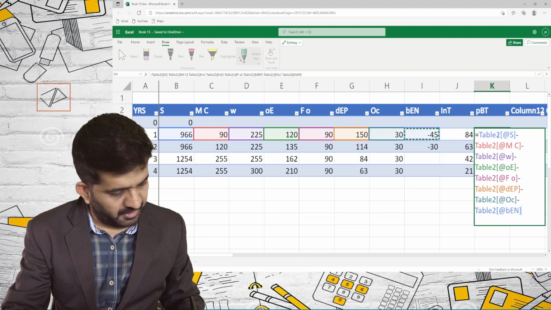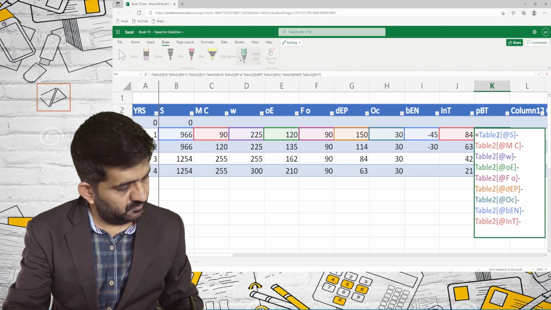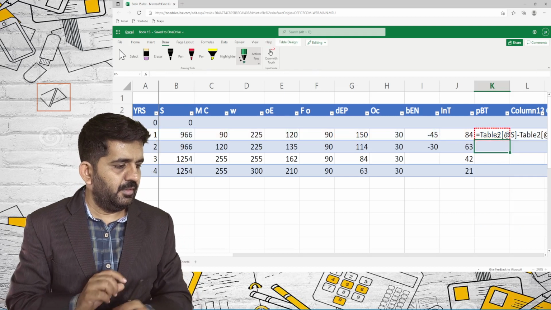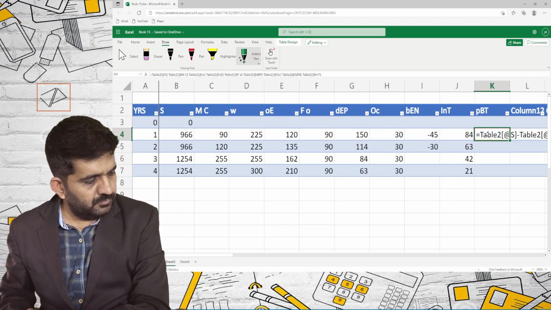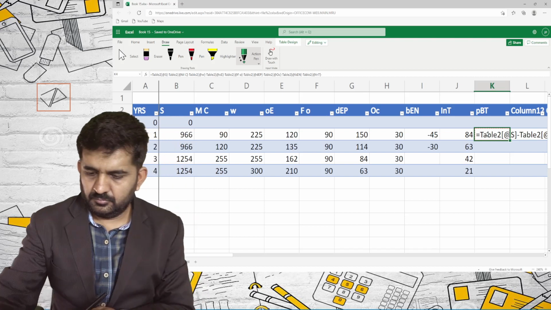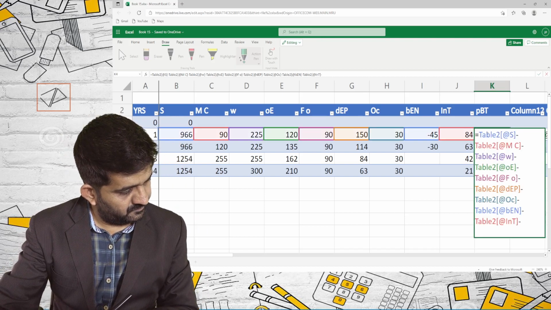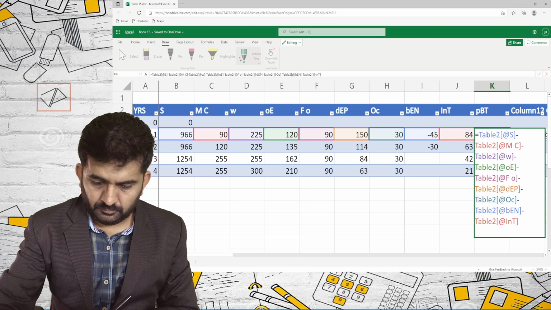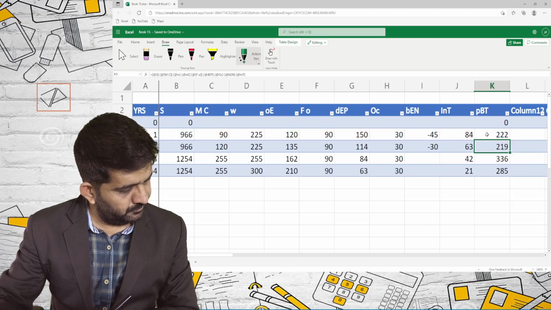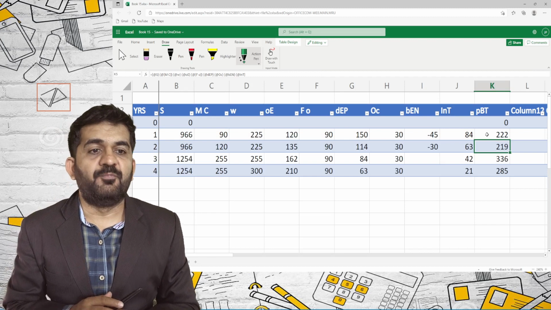As benefit I have taken negative, so I'll be doing minus only. This is my answer, the profit before tax.